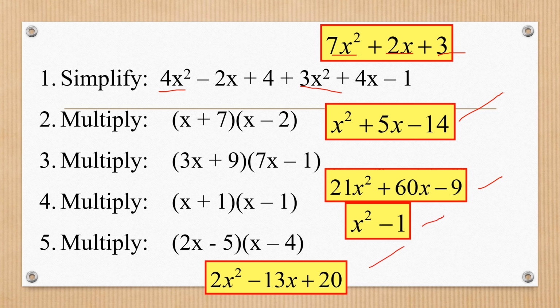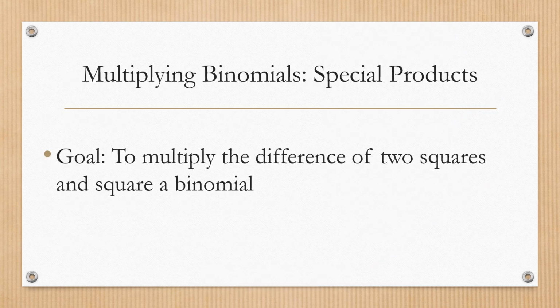Now how do we get the correct answer? So this will be our topic or lesson. Our goal here is to multiply the difference of two squares and the square of binomials.